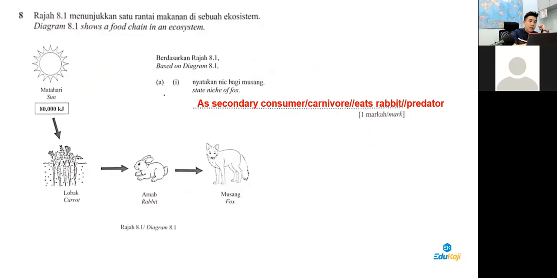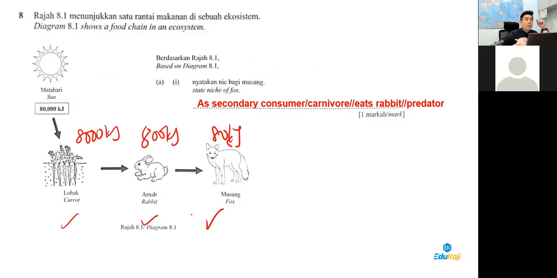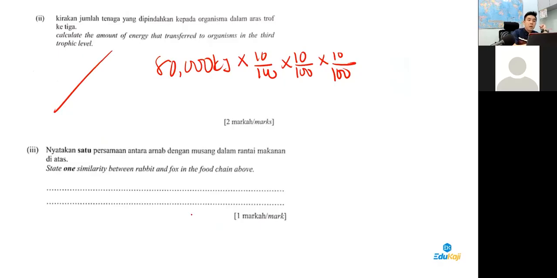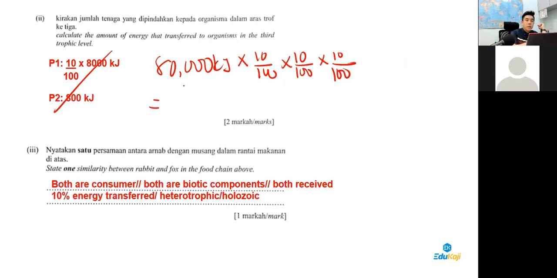So here, wait, let me check. It will be 8,000. 880. First, second, third tropic level. So you should get 80.